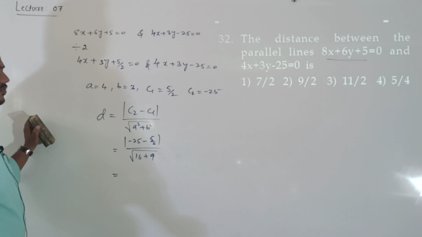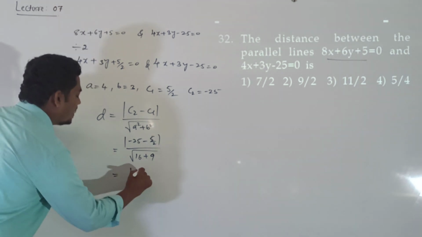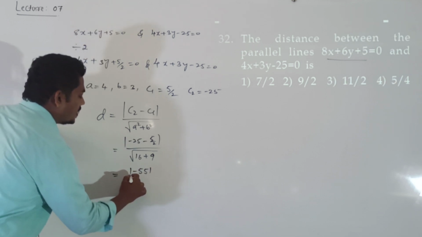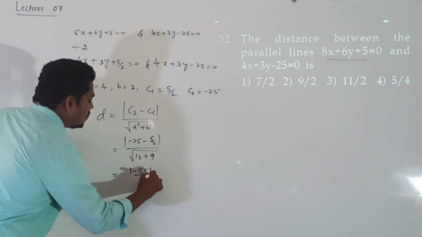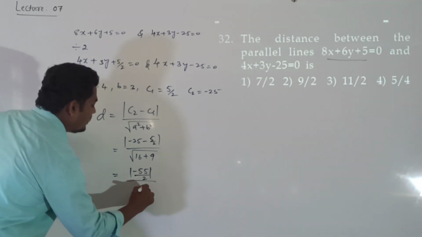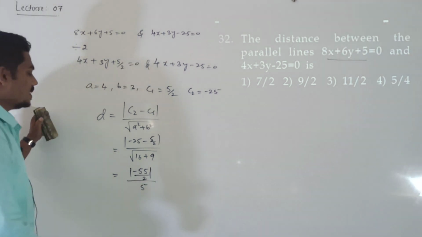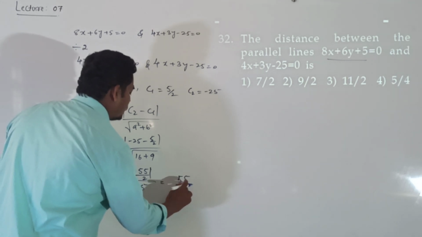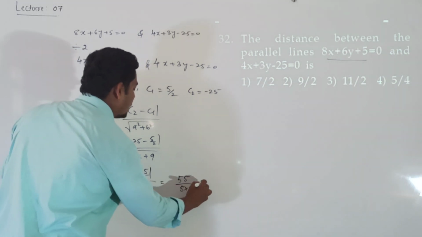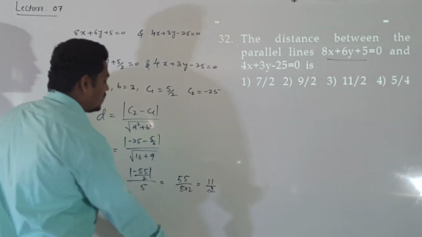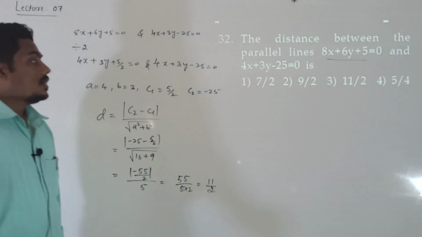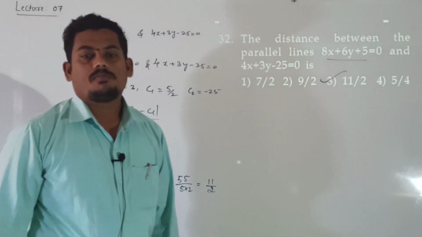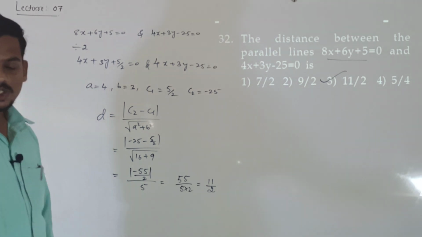Taking LCM, minus 50 minus 5 means modulus of minus 55 by 2, whole thing divided by 5, the square root of 25. That's equal to 55 divided by 5 into 2, that's equal to 11 divided by 2 units. Distance between the two parallel lines is 11 divided by 2 units.